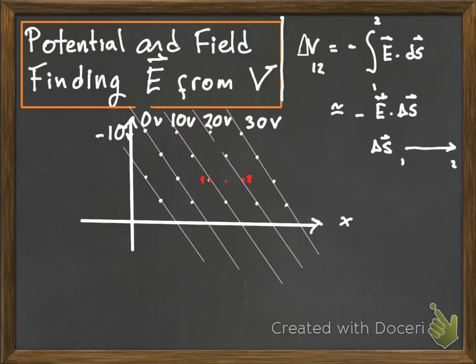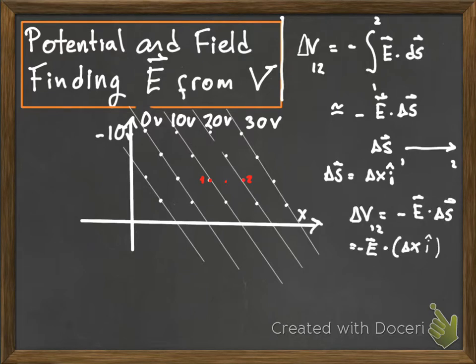From point 1 to point 2, you can see that it's a horizontal vector. That means that it only has an x component. So we can write delta S as the number delta x times the i hat vector, the unit vector that points in the x direction. That's standard notation. So putting that into our equation, we're doing the dot product between E and delta x times i hat.